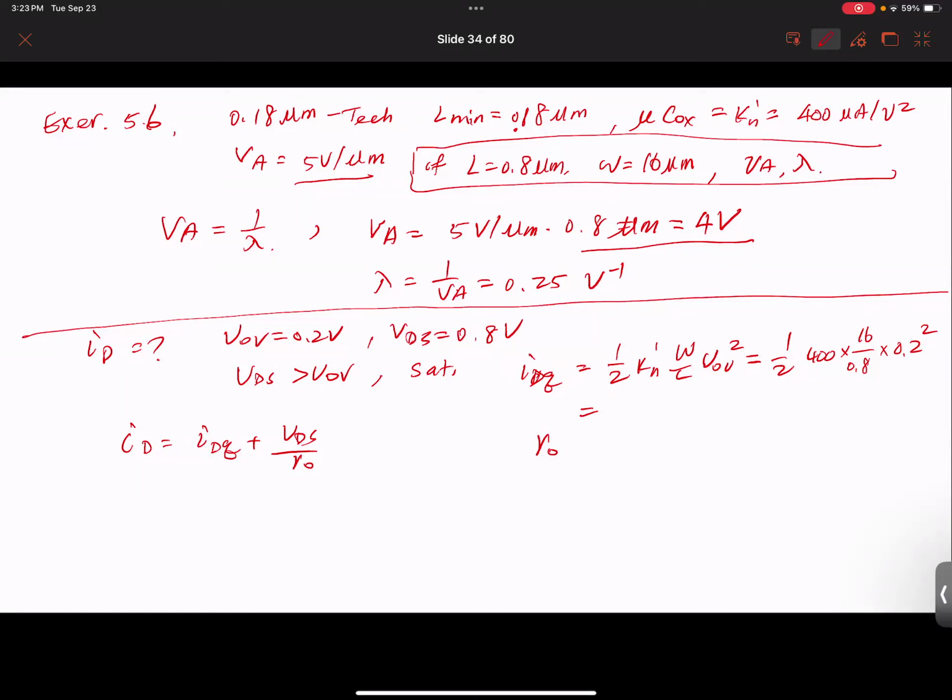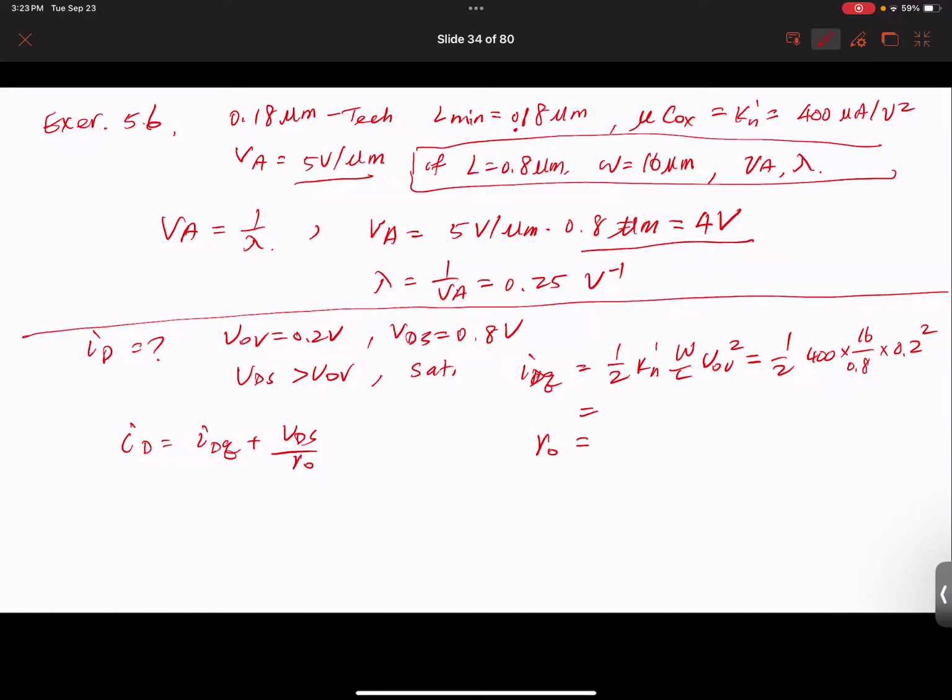So let's say 800 divided by 0.8, so this 1,000 micro, and then 16, 0.04. There are some values, I have to use my calculator.